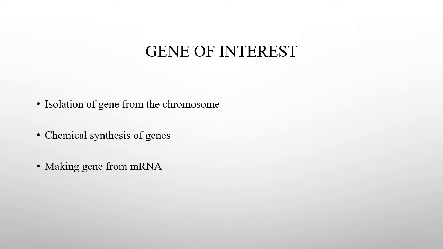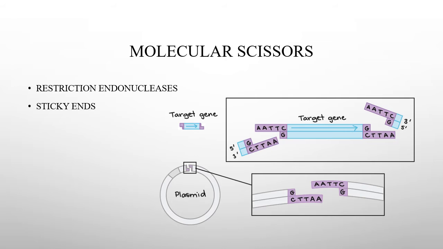And the other step is the molecular scissors. I will talk a little about molecular scissors, which are called restriction endonucleases. The restriction enzymes are present in bacteria, and the bacteria use these enzymes for their own protection against viruses, because there are certain kinds of viruses which attack bacteria and kill them.